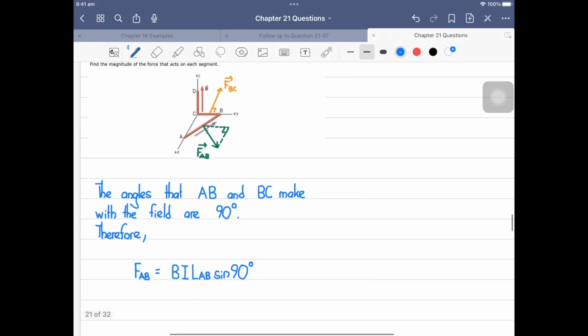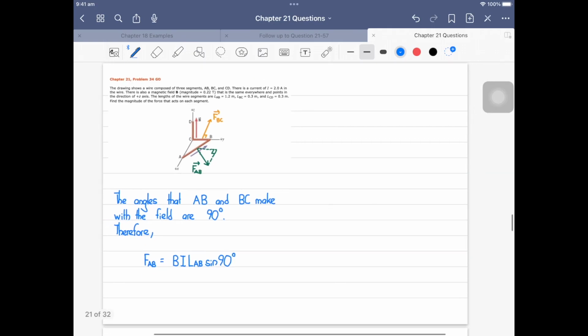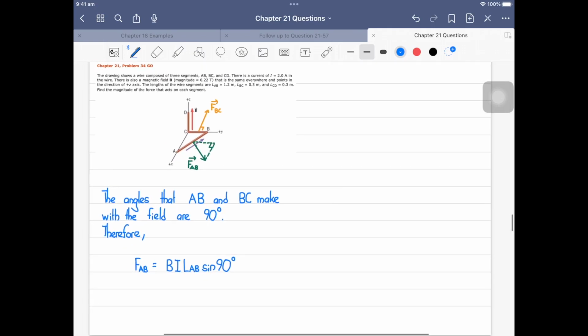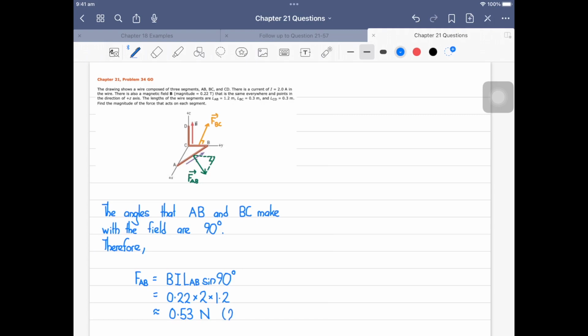So if we put in some numbers here, that comes out to be around about 0.53 newtons. Yeah, that's 2 sig figs.